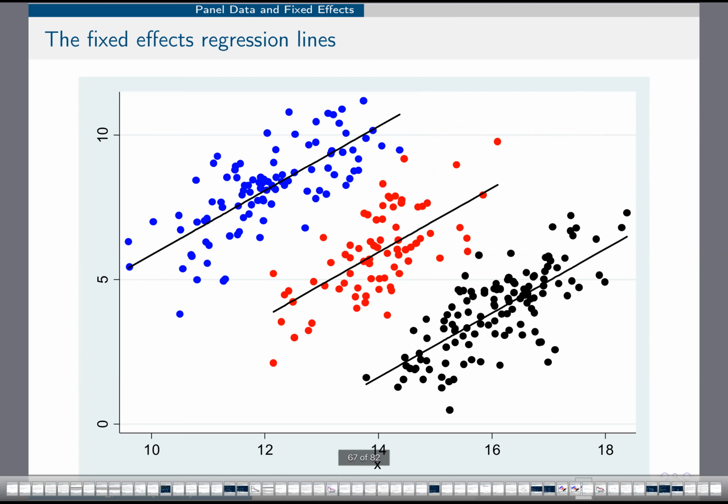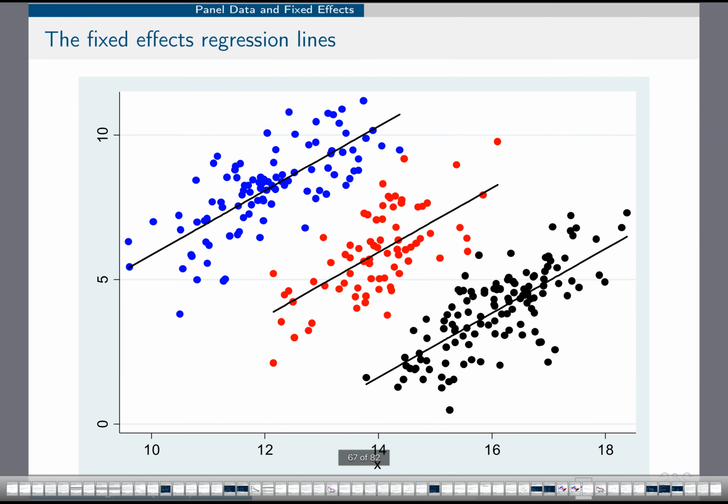For the blue line, for example, it's the data for one state, and we separately estimate the regression line.